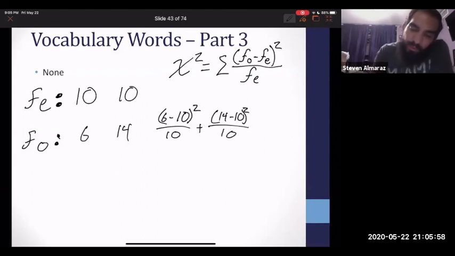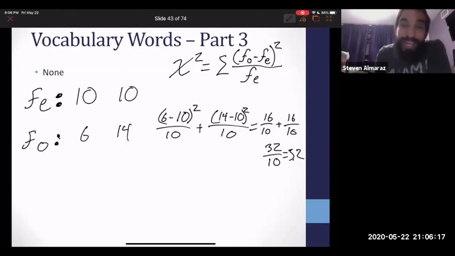So that's 4 squared, so 16 over 10 plus another 4 squared, 16 over 10. That would be 32 over 10, so only 3.2. So even 6 and 14 is not a big enough difference.